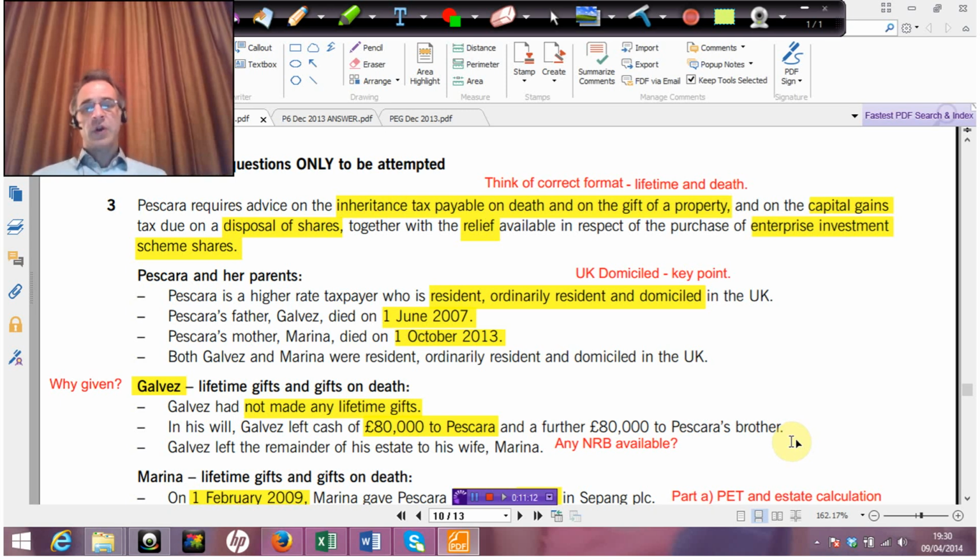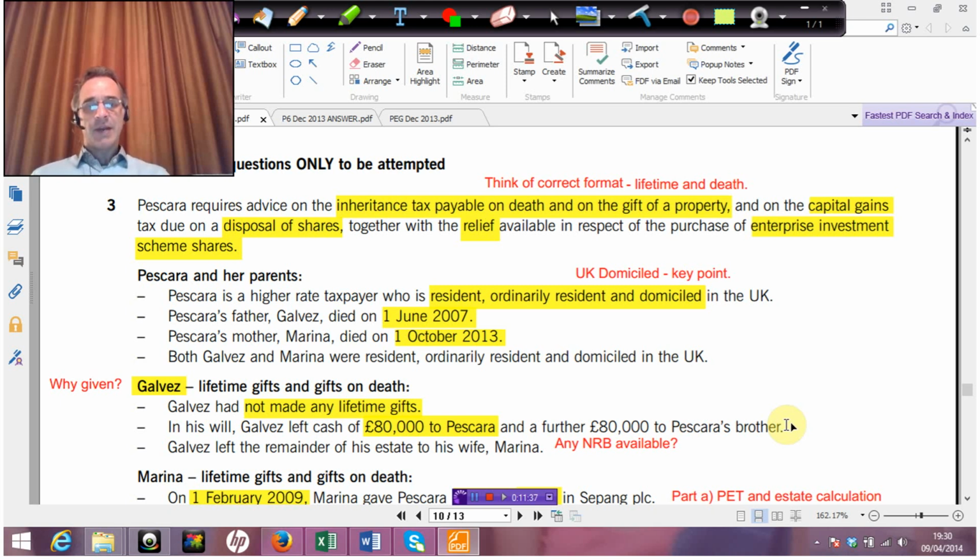Okay, so back to the plot here. If we have a nil rate band, how does it get used up and how does it get transferred? Essentially, all we do at the date of death is take any bequests that he made. If we look at his will back in 2007, what it simply said is: I leave £80,000 to each of my daughter and son, and the balance or remainder to my wife.